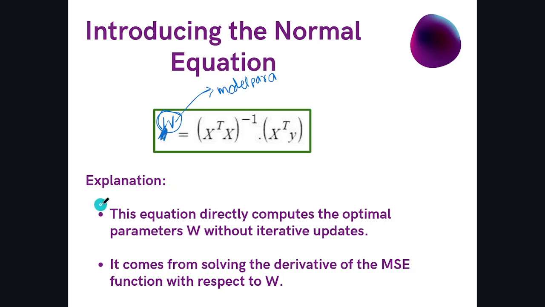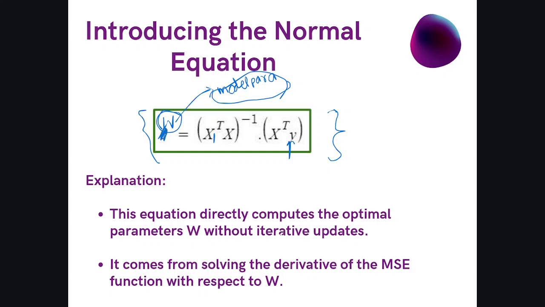I will explain it now. This is what the normal equation looks like. We find the best fit model parameter to find the best fit line for our linear regression, right? Now the X is the same as the input features, and the y is the same as the output. This equation directly computes the optimal parameters w without iterative updates.